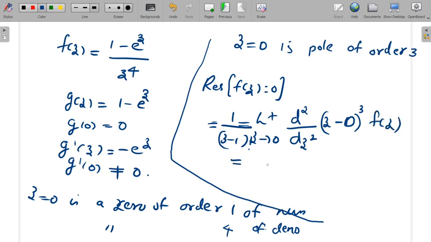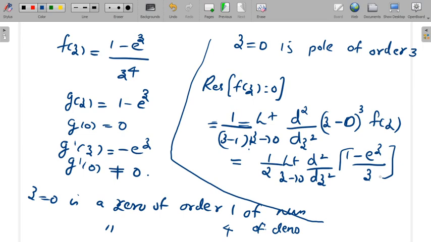So we get 1 by 2 factorial, which is 1 by 2, limit z tends to 0, d square by dz square of z cube into f of z, that is 1 minus e raised to z divided by z. Now you can differentiate this and apply the limit.